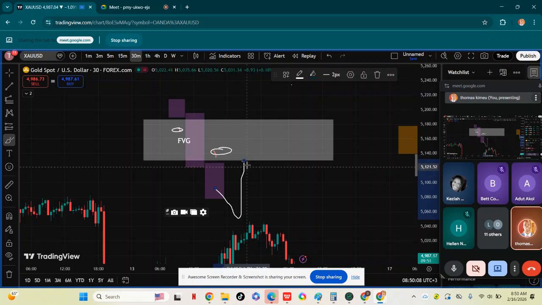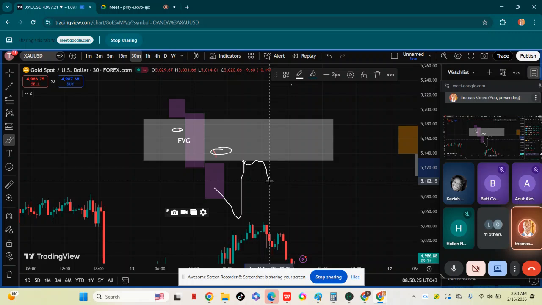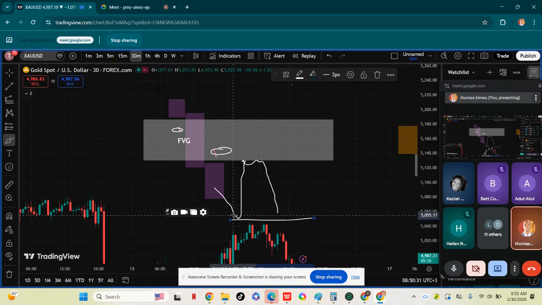We might expect the market to get rejected at this area, so you might expect the market to reverse. Before it reverses, it will create a resistance, and we said we sell at the resistance. You see that big drop, and this market will be targeting this support where the market reversed. So you can sell at this area.